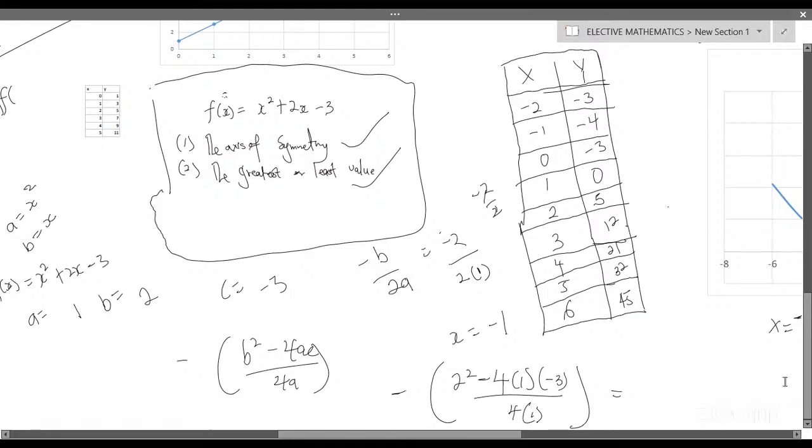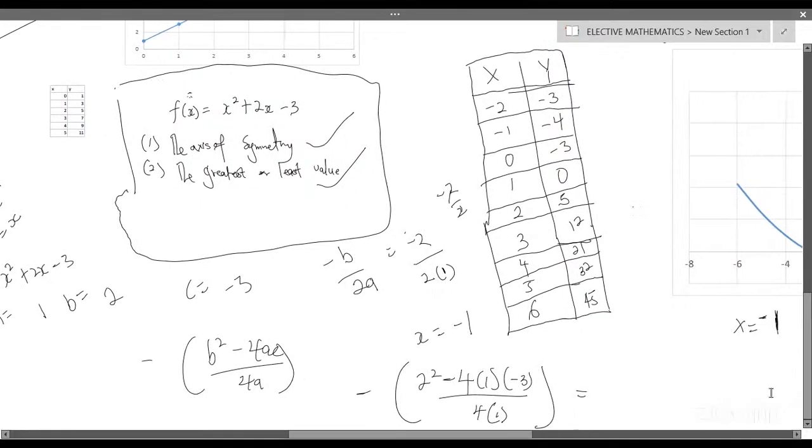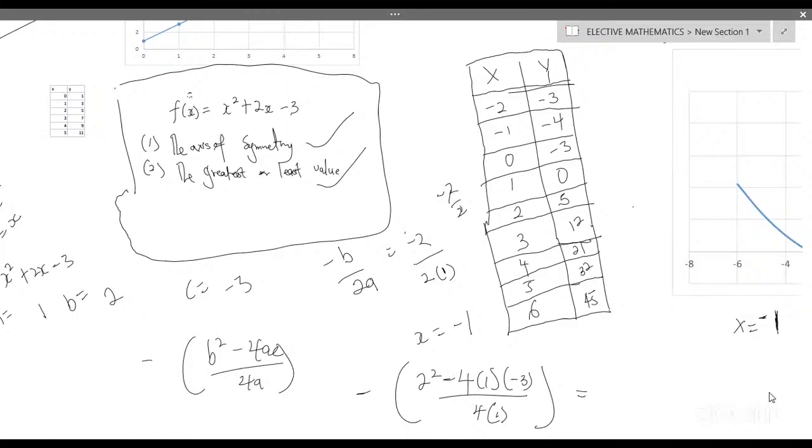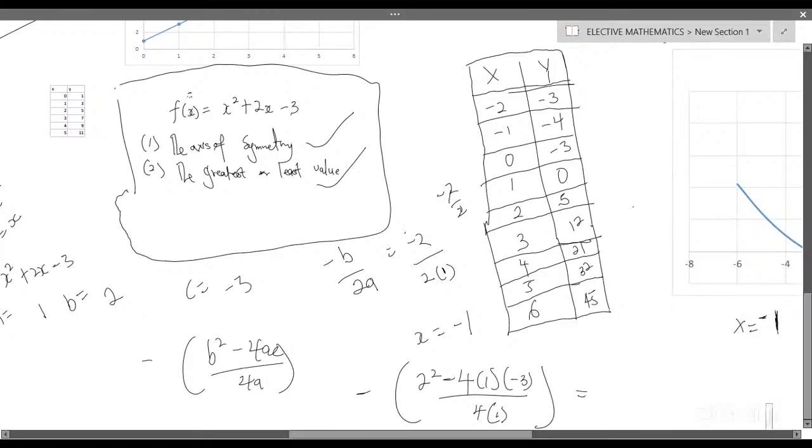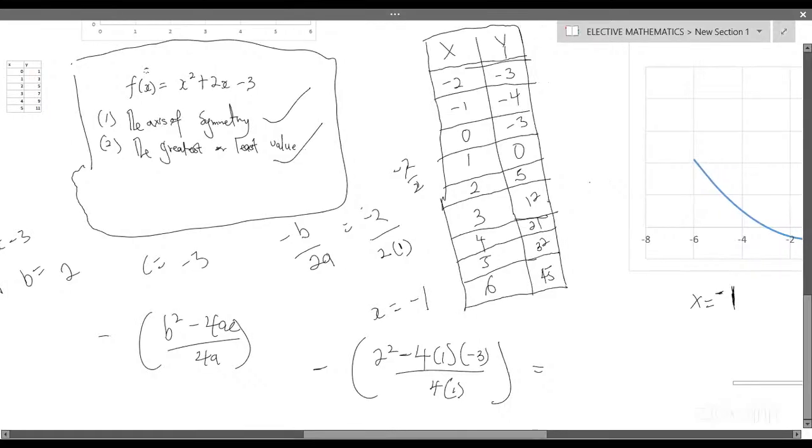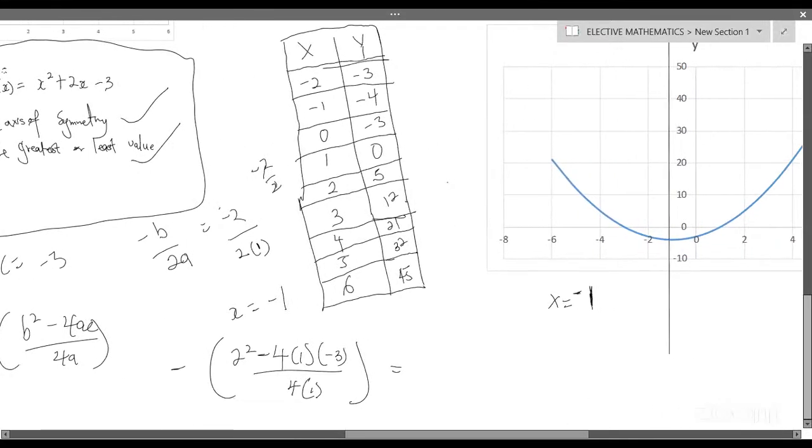This is simple, this thing of substitution. -4. Okay.